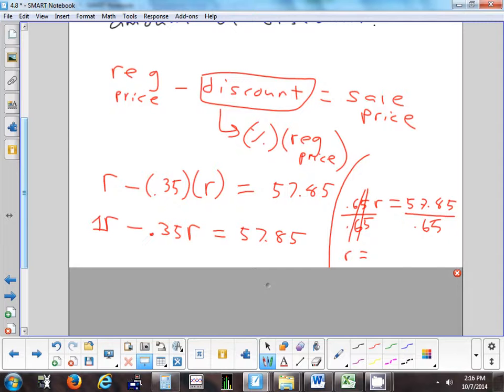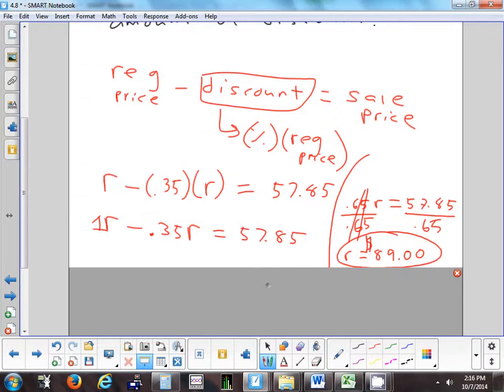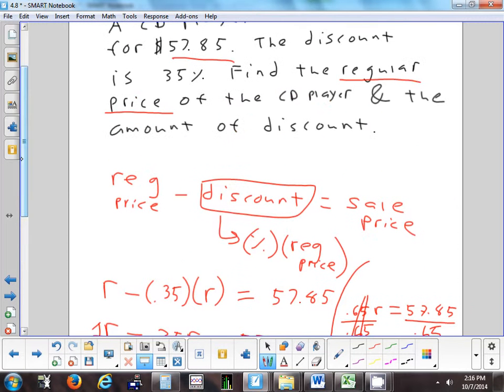So I'm about to find how much this item would cost if it wasn't on sale. 57.85 divided by 0.65. So the item would be $89. If you want to put 0.00 because it's money, you can. It's not necessary. Now, how do you figure out how much money you're saving? What's the amount of the discount?